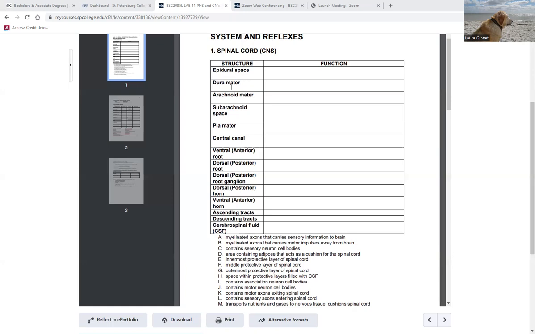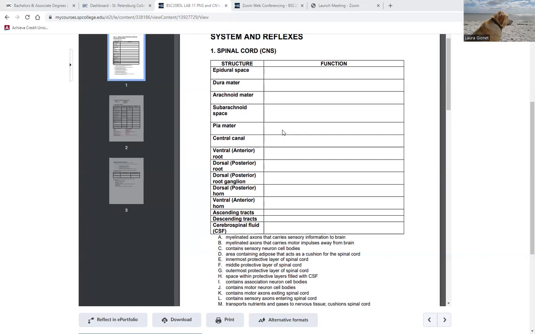Then we'll see a dura mater, arachnoid mater, a subarachnoid space, and pia mater when we look at the different meninges and spaces above and around the meninges. And then we get into here, the central canal, and all these are either tracts of fibers into or out of the spinal cord or within the white matter itself, like here, ascending and descending tracts, the white matter versus the gray matter of the spinal cord.